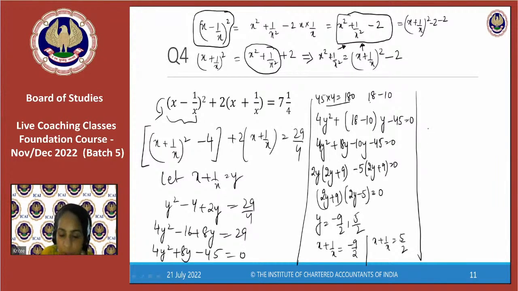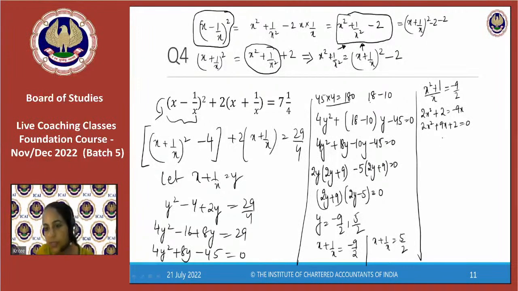Now this is a bit complicated, right? So this makes it x square plus 1 upon x equal to minus 9 by 2, cross multiply. 2x square plus 2 equals minus 9x. 2x square plus 9x plus 2 equals 0. Okay, then this is one equation.